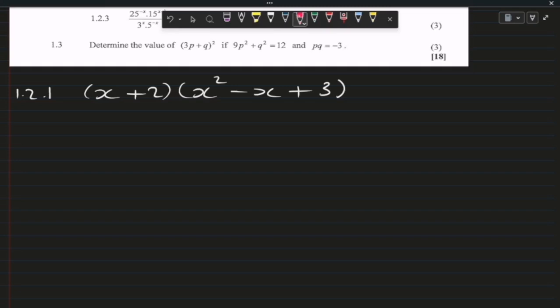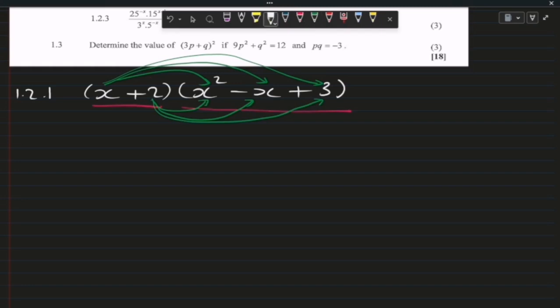So how do we do that? We simply distribute: whatever is in here, we multiply it with everything that is in there. Take x, multiply it with each of the three terms. Take 2, multiply it with each of the three terms as well. So that is basically what we are going to do.